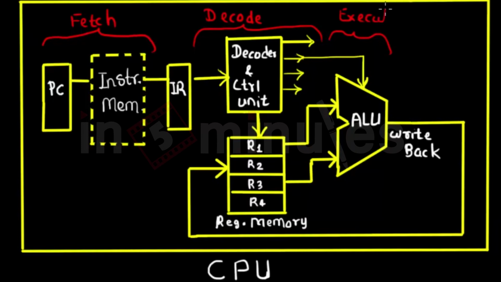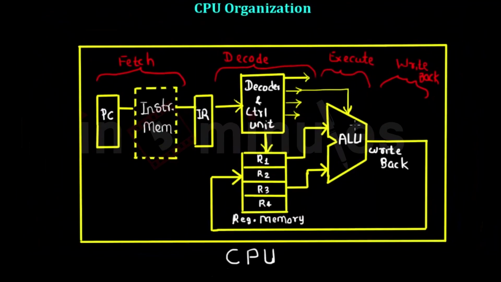Inside the ALU, we also have some temporary registers for different operations such as shifting or logical operations and so on. And finally, the final stage is the write back stage. So we have seen all the 4 stages and we have seen the requirements of it. Now it's time to look at the complete CPU organization with these components.